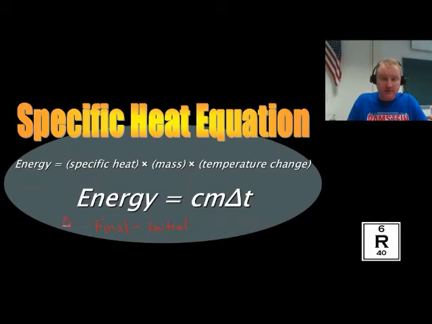Change is always final minus initial. This is important because sometimes change is a positive change and sometimes it's a negative change. If you think about your bank account, the final value of your bank minus the initial, your change, let's say I had no money in my bank account and I just got $100. So my final is 100. I initially had 0. So that would be a change of positive 100.